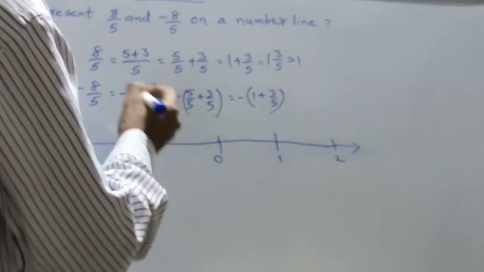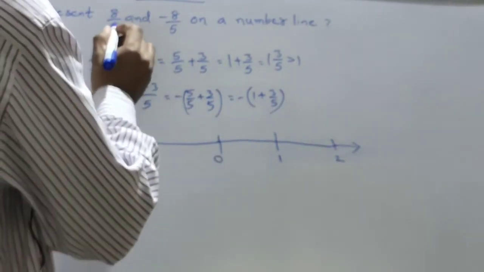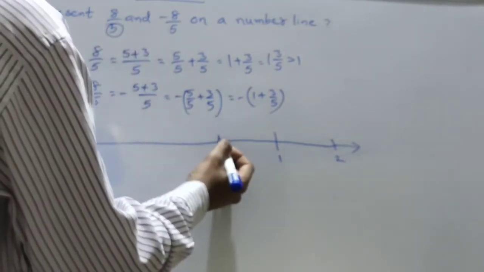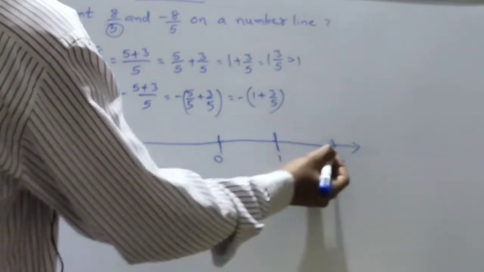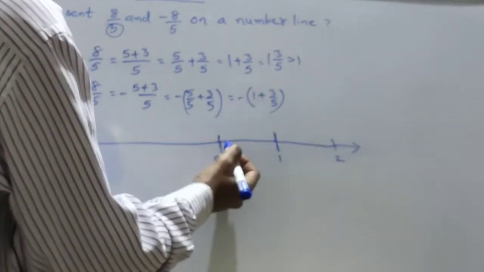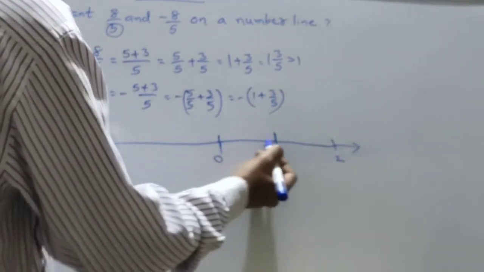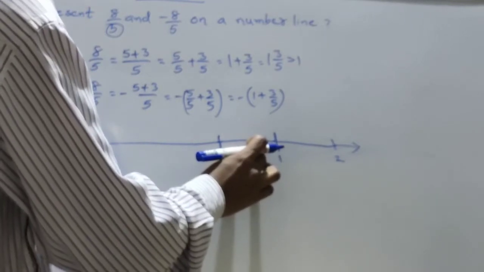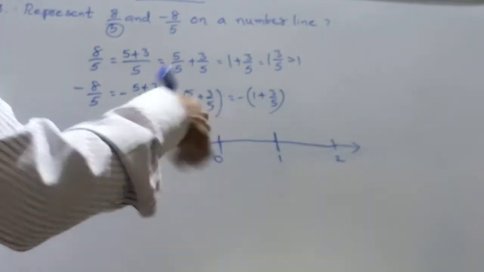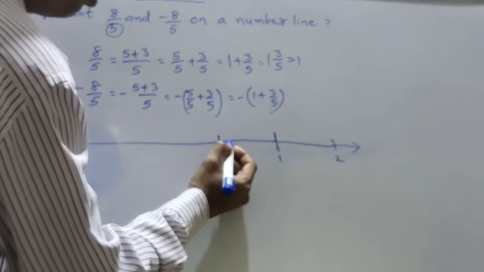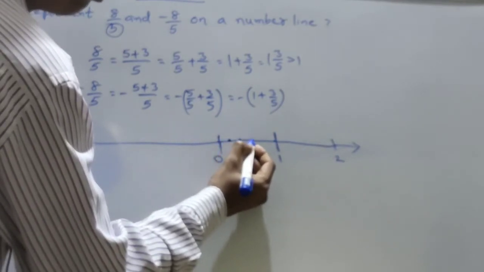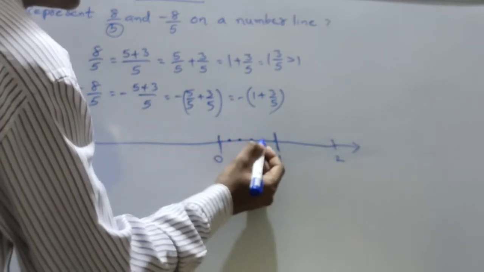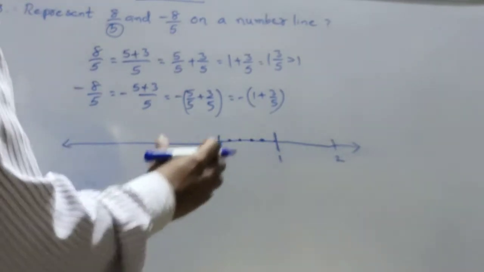But actually we have 5 in the denominator, so each unit, 0 to 1 one unit and 1 to 2 another unit, can be divided into 5 equal parts. To get 5 equal parts we need to mark 4 points, 1 2 3 4, which are equidistant from each other.